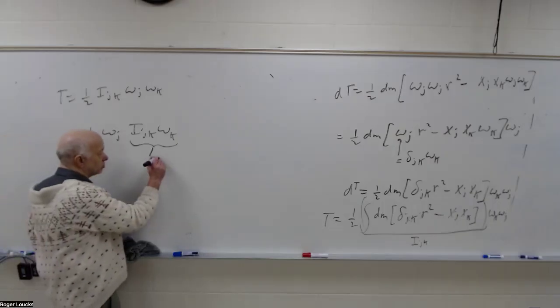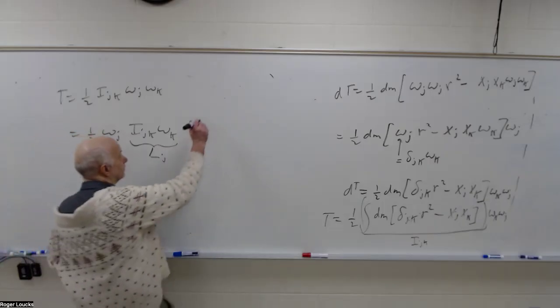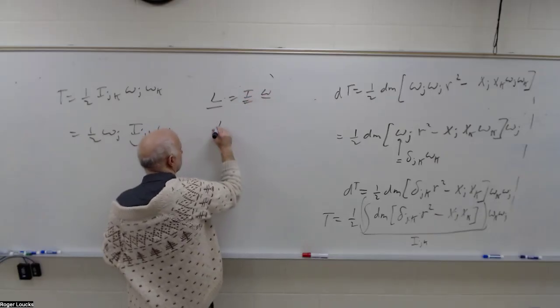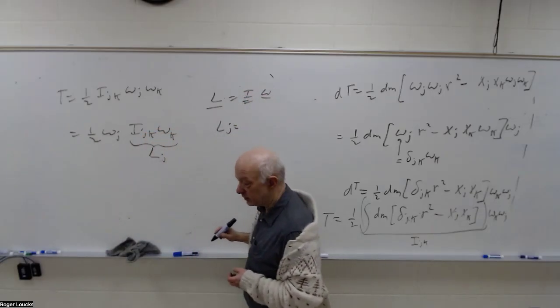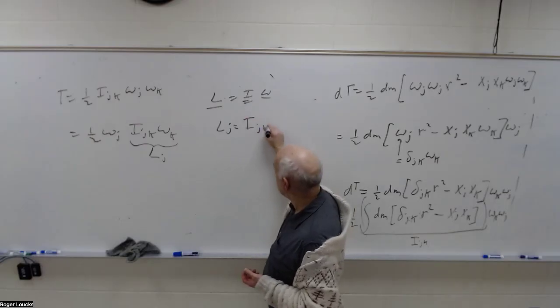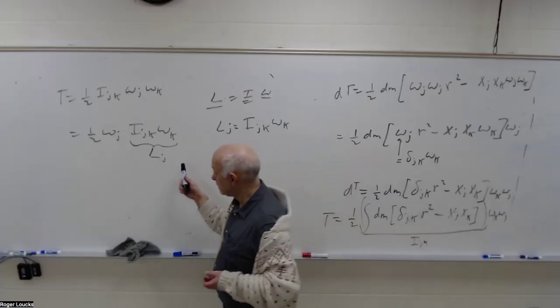This would really be the jth component of L, right, because we know we have this. So if I wanted this jth component, what would this be? Remember, how would you do it with these? This would be the I_jk omega_k.